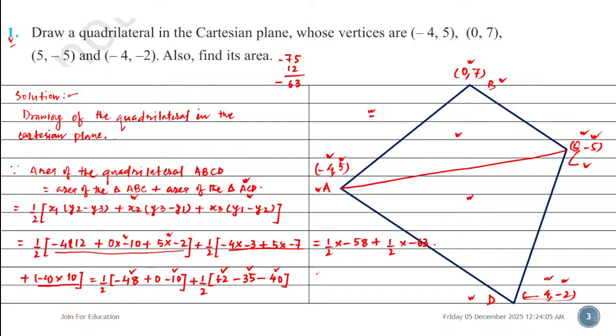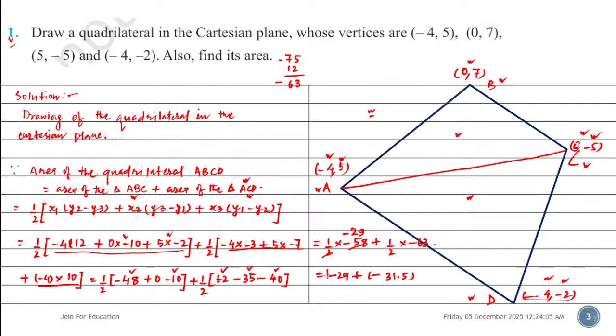So this cancels out, then we get -29, plus -31.5.